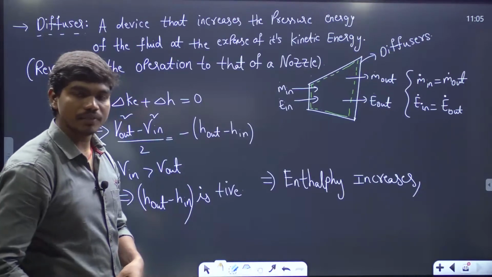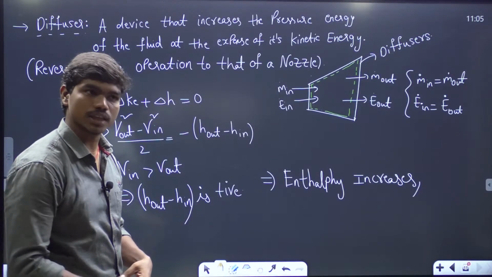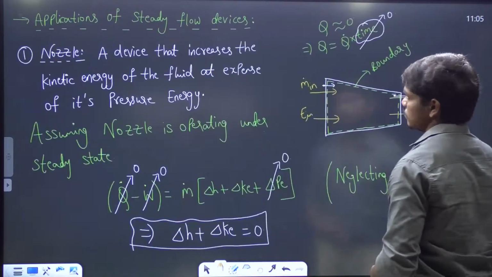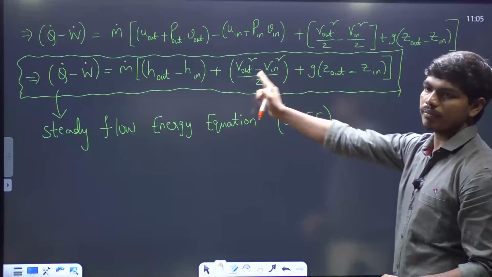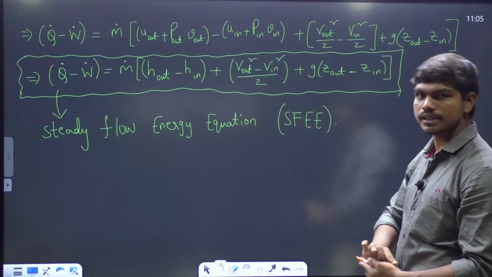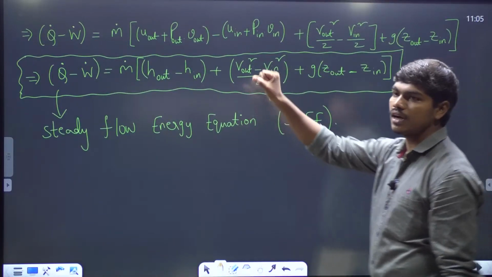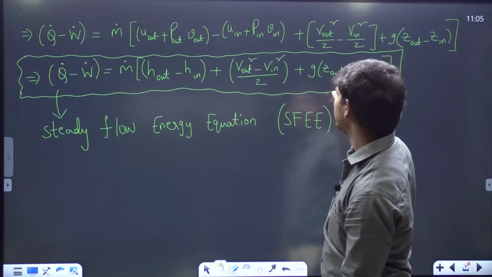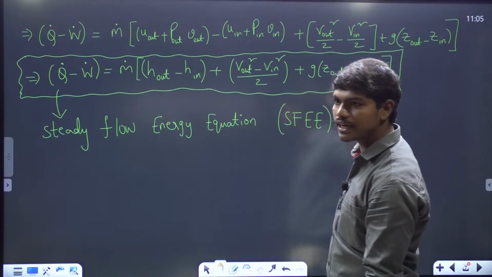In the exam, if they give you data for potential changes and all, you need to consider it. You should always go for this equation. This is the main heart of this open system analysis, correct? And this is called the steady flow energy equation. Even if they give a nozzle, and if they give some values for the difference between Z out and Z in, you need to consider that.